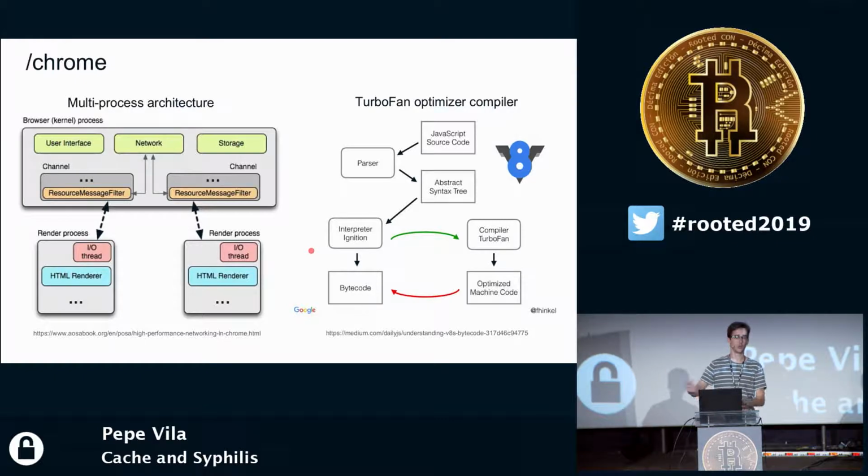V8 is the JavaScript engine of Chrome, Node.js, etc. So an engine or JavaScript interpreter, whatever you want to call it. V8 has been simplified. Before, there were more compilers, so depending on how you were using it, it was compiling one way or the other.